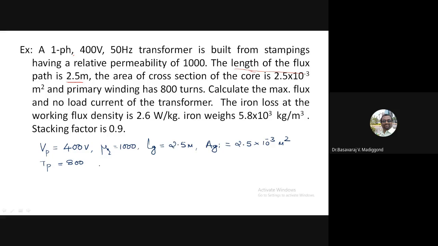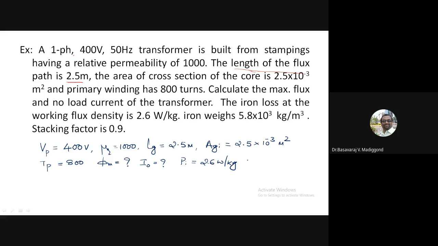And you need to calculate what? You have to calculate what is phi m and what is I naught. What else he has given? The iron loss, that is Pi, he has given as 2.6 watt per kg.